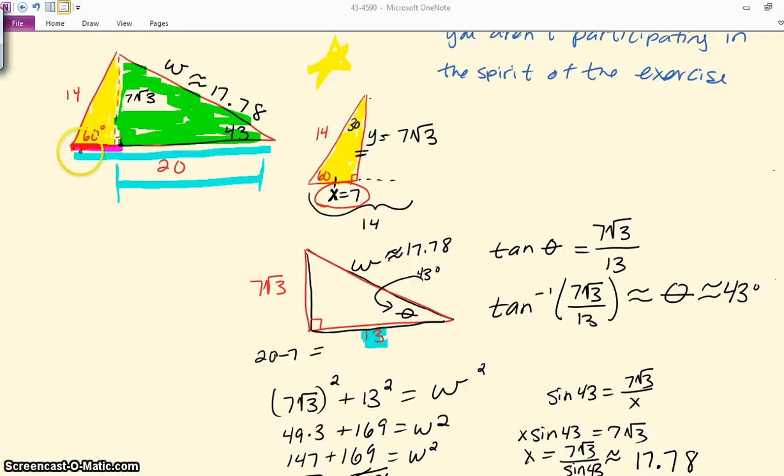And based on this 60 and this 43, we can also find the missing angle. We have a 77-degree angle here that we simply are finding through the triangle sum theorem.